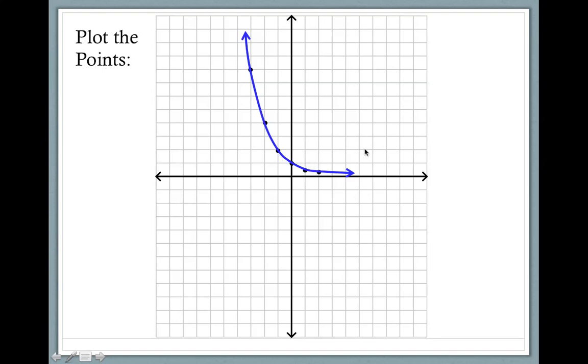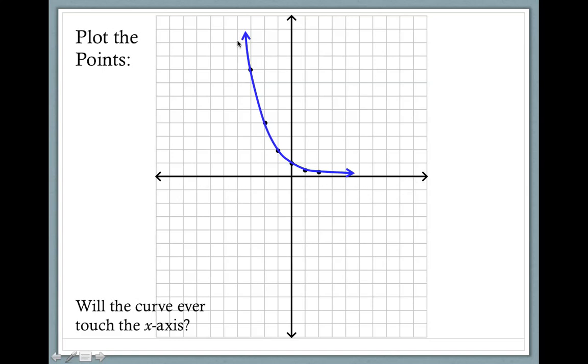Okay, now the same question we asked with growth. Is this curve ever going to touch the x-axis? And the answer is still no. There is still no value of x that we can put in as an exponent that when we take 1/2 to that number, we are going to get an answer of 0. So we still have the x-axis as an asymptote.